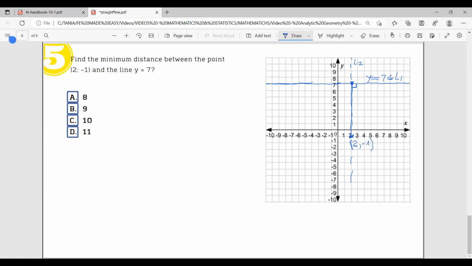We know that since this line is parallel to the x-axis, and we have this point that goes straight up, it has to be perpendicular to this line. What we know is that this point here is going to have the same x as this point here, so the x coordinate of this point is going to be 2.